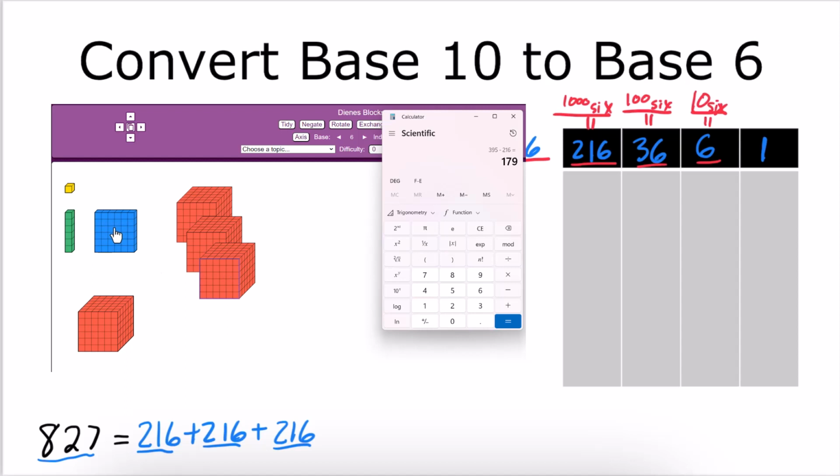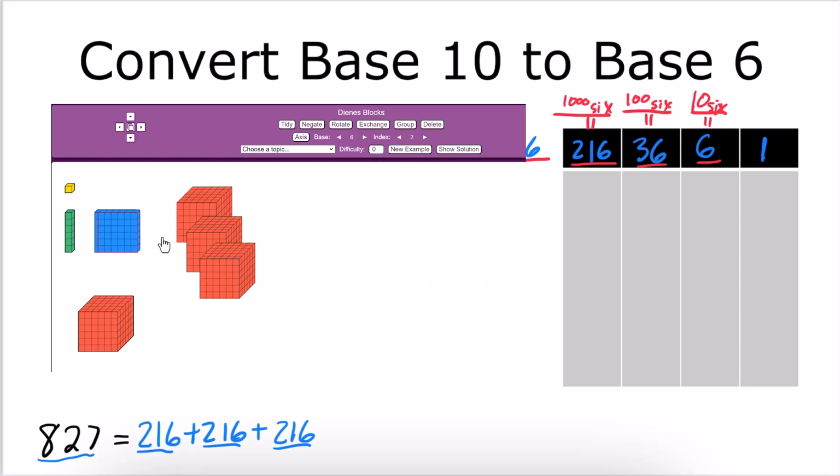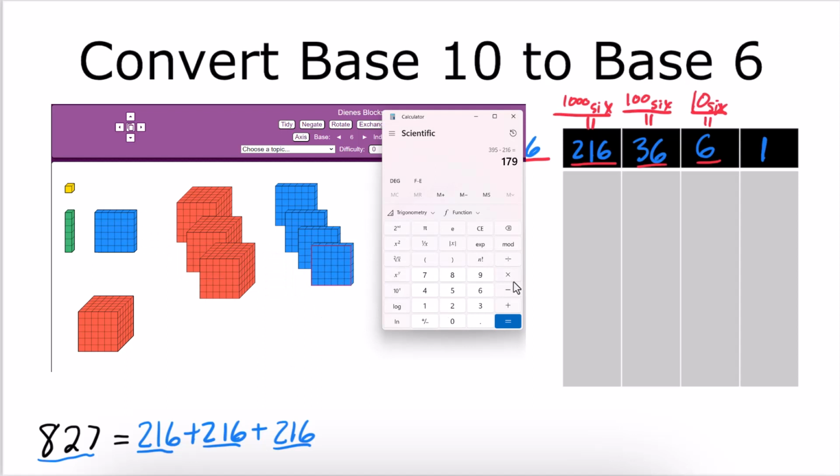However, I can start working on the blue blocks because I have enough blocks that I could make a 36 blue block. So I think I could probably do maybe 4. So I'm going to try that, and maybe I might be able to do more. But basically I'm going to subtract 36, then subtract another 36, another 36, and another 36.